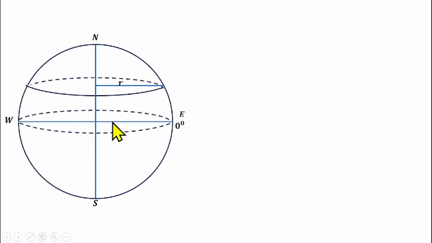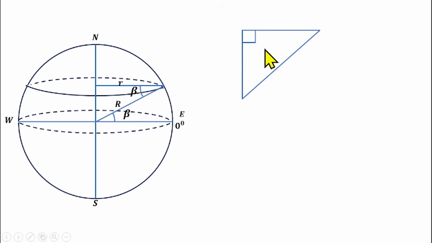So what do we do? The radius of the small circle is labeled small letter r. If I draw a line from the center of the earth to this point here, that will also represent the radius of the earth, which is capital letter R. Then if I draw an angle here, call it beta, the angle here will also be beta because they are alternate angles. So we have another shape here, which is a right angle triangle.